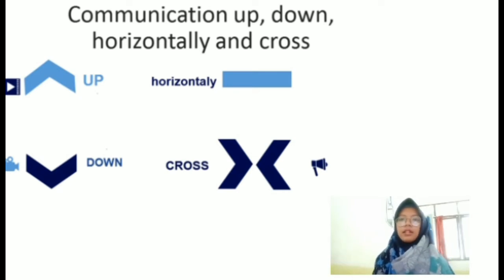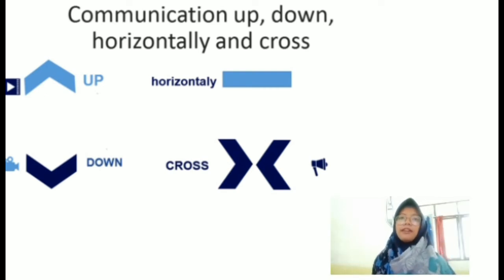And the second one is downward communication. Downward communication within an organization means that information flows from positions of higher authority to those of lower authority. Information is communicated from superiors to subordinates, for example, information on how to do work.